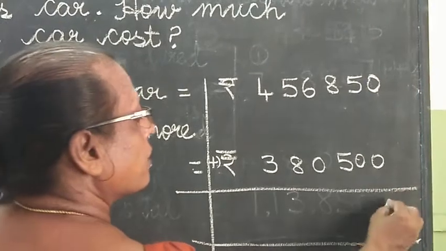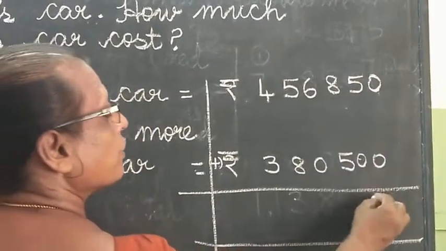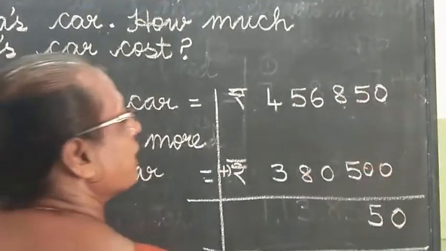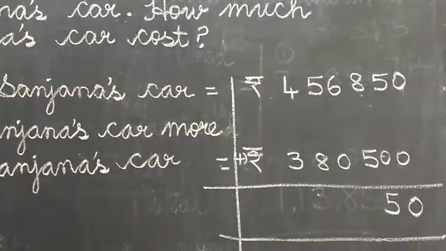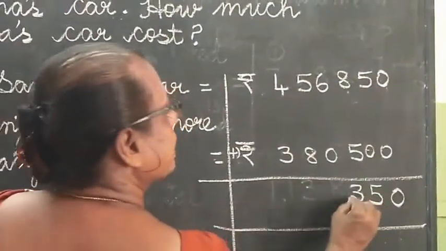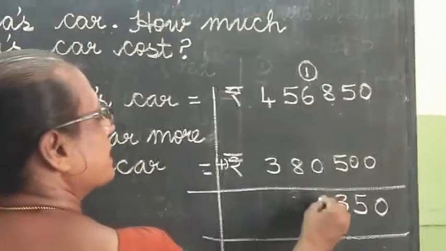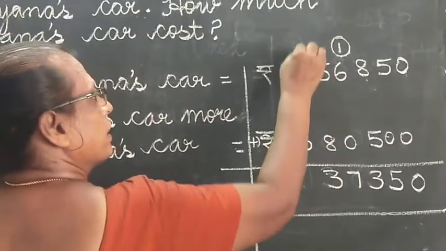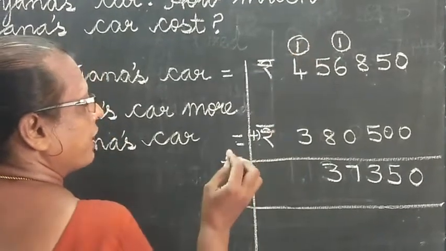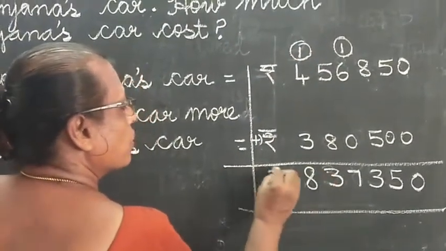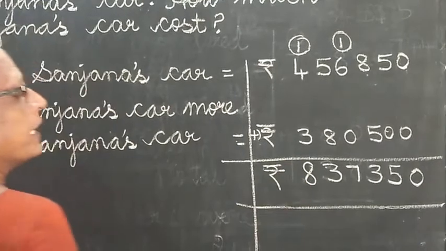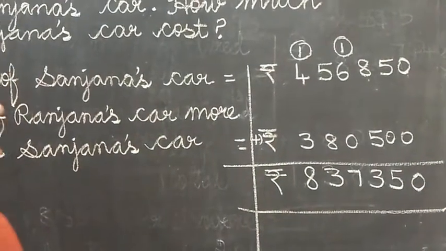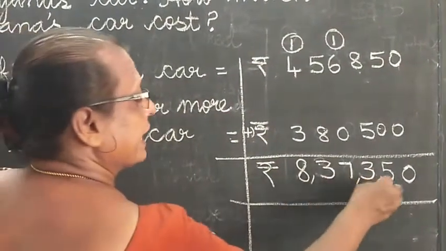0 plus 0, 0. 5 plus 0, 5. 8 plus 5, what will come, children? 9, 10, 11, 12, 13. 1 plus 6, 7. 5 plus 8, again 13. And 1 plus 4, 5. 5 plus 3, 8. So what's the total amount, children? 8,37,350.